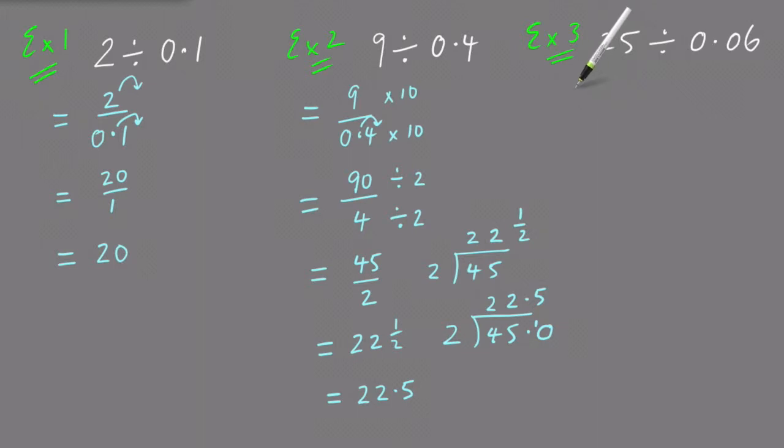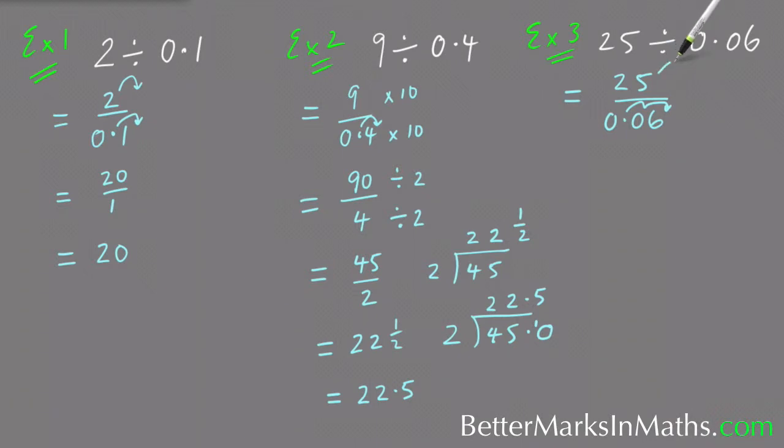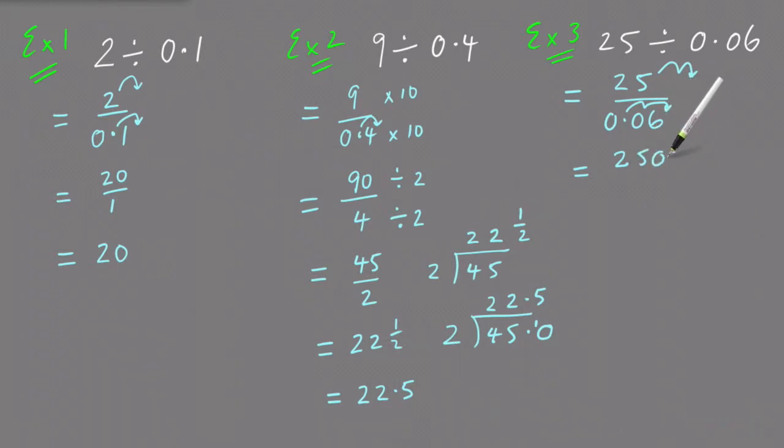So with this one here, 25 divided by 0.06. Again, 25 on the top, 0.06 on the bottom. This time you need to move the point 2 places to the right, which is really timesing it by 100, and you do the same with the 25, and you end up with 2500 over the number 6.